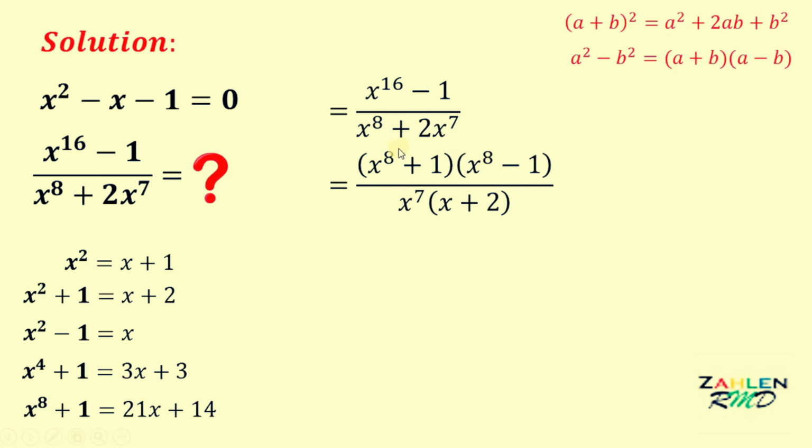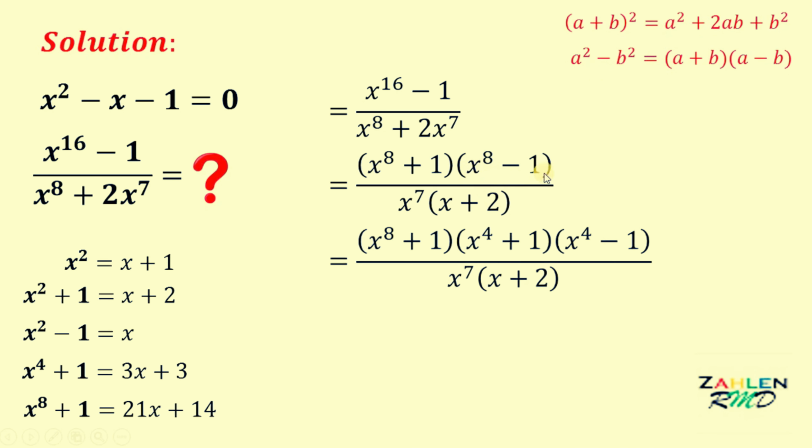On the denominator, we can factor out x raised to 7, so we have x raised to 7 multiplied by x plus 2. Now take note that x raised to 8 minus 1 is a difference of two squares. Therefore, we can factor it into x raised to the 4th power plus 1 multiplied by x raised to the 4th minus 1.